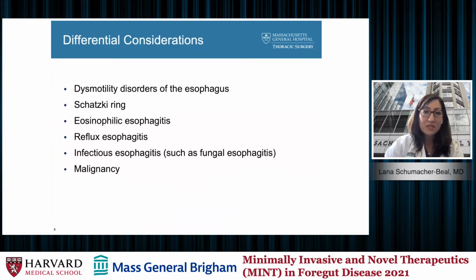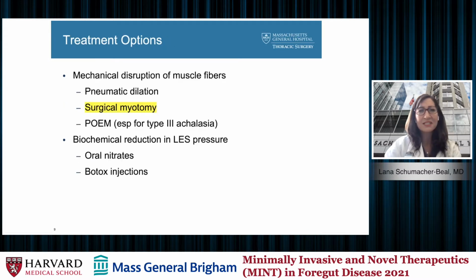So in diagnosing achalasia, it's important to think of the differential. Are there other dysmotility disorders of the esophagus? Is there a Schatzki ring, eosinophilic esophagitis, reflux esophagitis, infectious esophagitis, such as fungal esophagitis, and malignancy? So getting the full testing and EGD included is helpful in the workup. And then we're here to discuss treatment options.